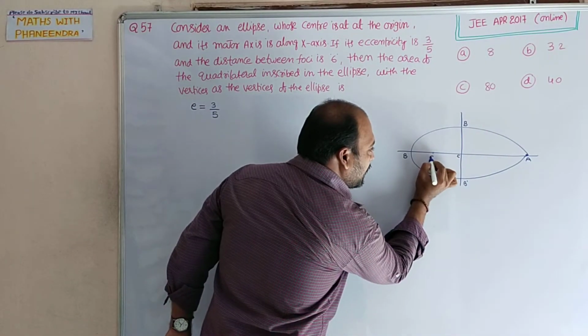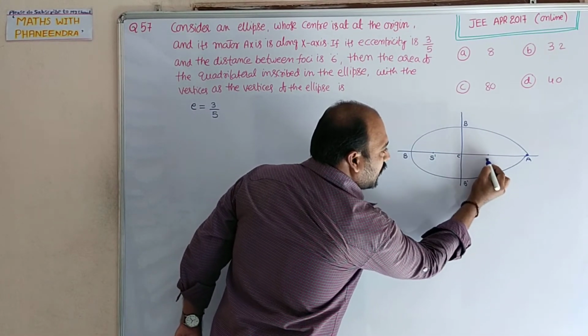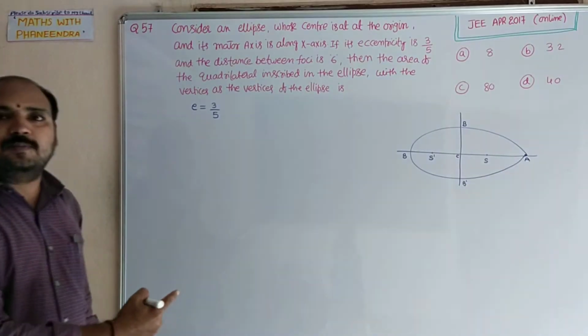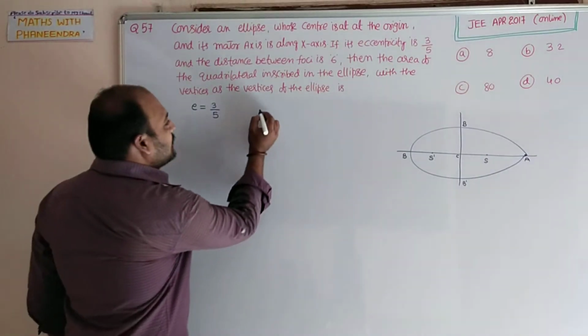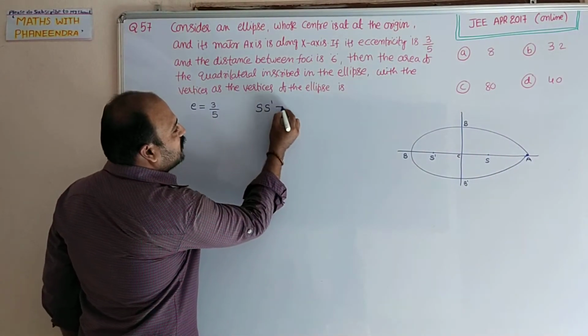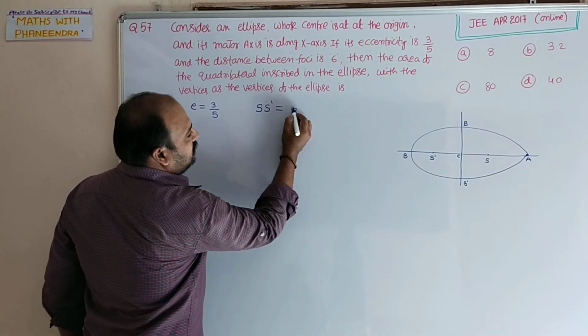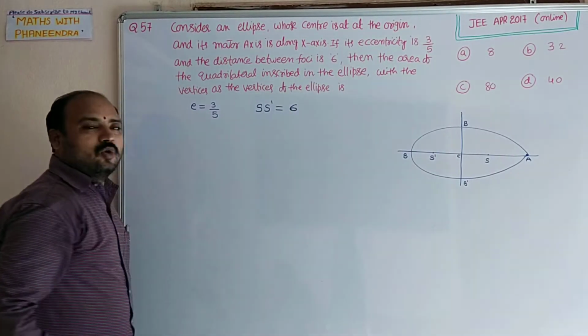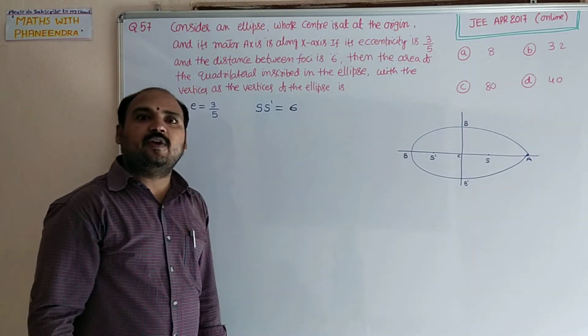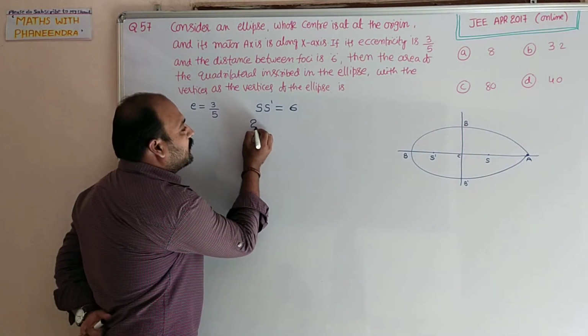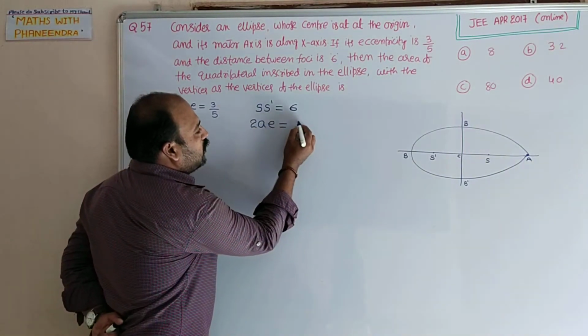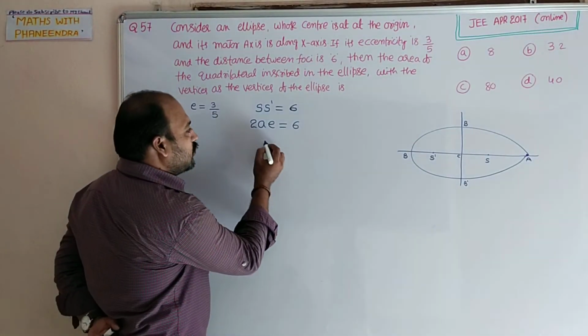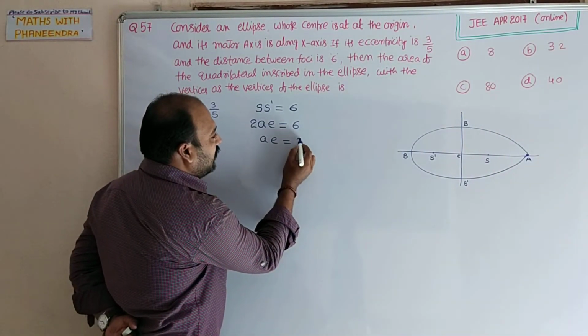S dash and S are the foci of the ellipse. The distance S dash S is given as 6 units. We know that the distance between foci is 2ae is equal to 6. So ae is equal to 3.